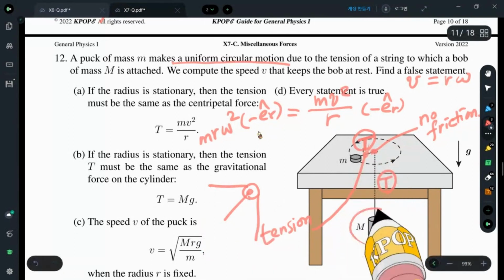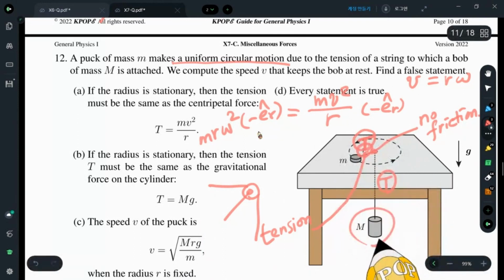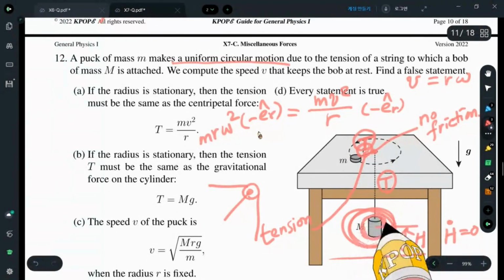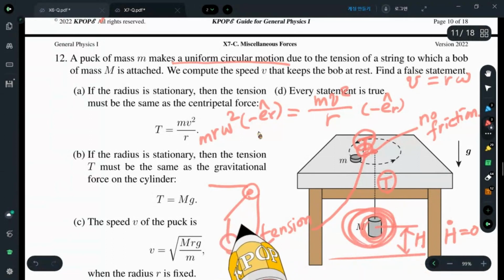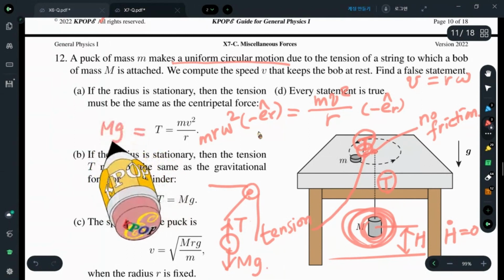We know it is stationary because of the uniform circular motion, the radius is fixed, therefore it is hanging at the same fixed height, and the time derivative of this height is 0. We know this is in equilibrium. Tension is upward and the mass produces the weight mg. The tension must be the same as mg.